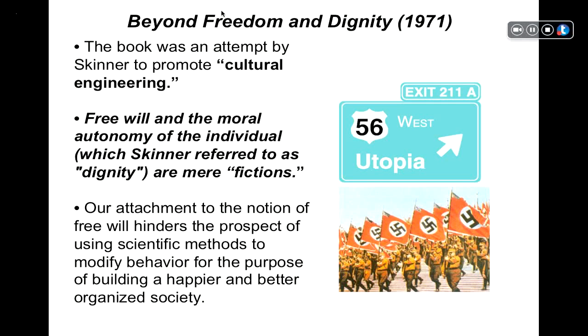And one of the criticisms is certainly it would be nice if we had a utopian society where everybody was really being very nice to each other, but then it begs the question, who makes the rules? Who makes the rules? And it also begs the question, and that's the image I have down here on the lower right, whose idea of society is the best one?